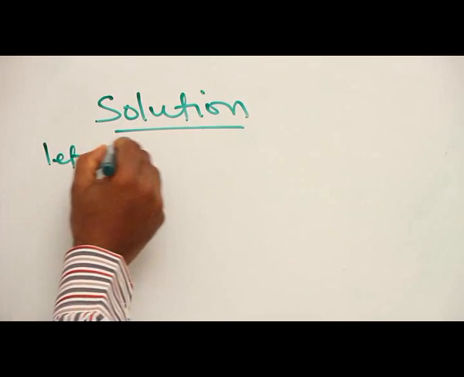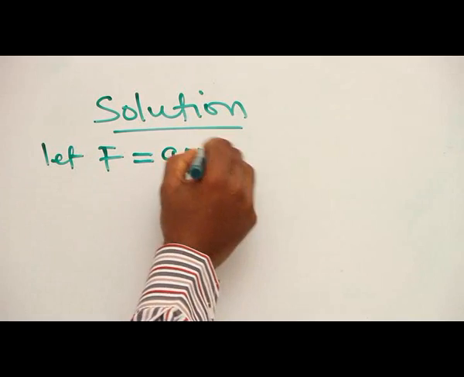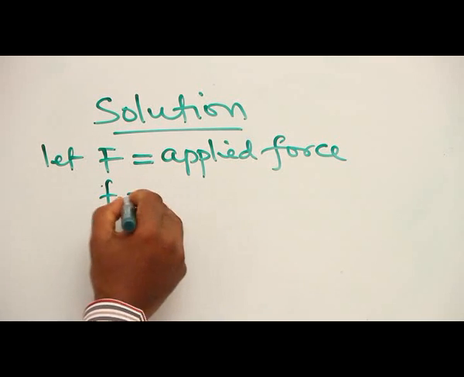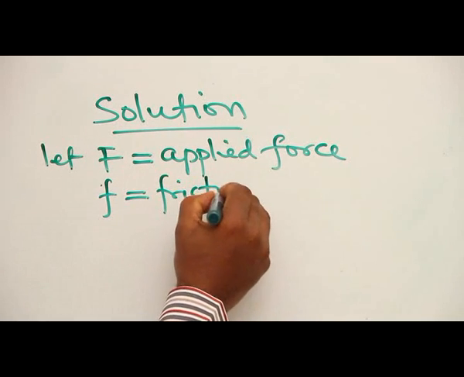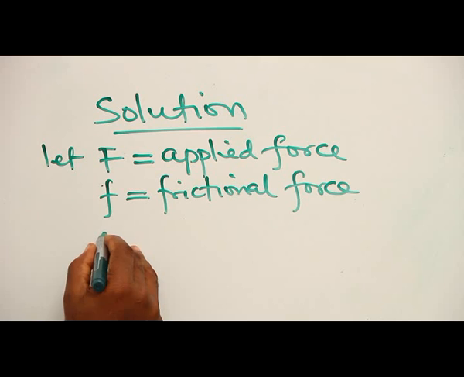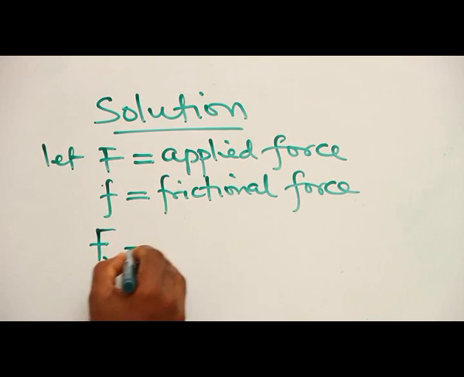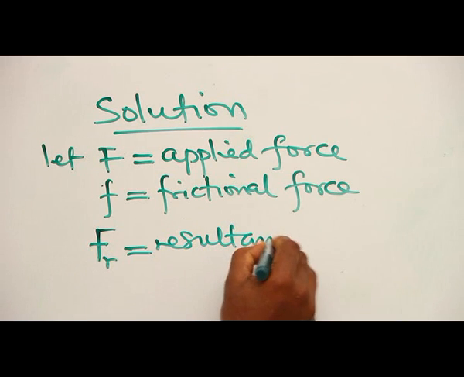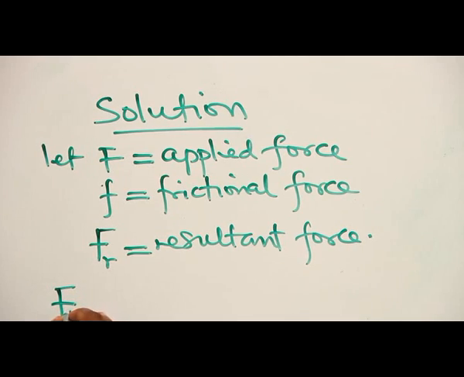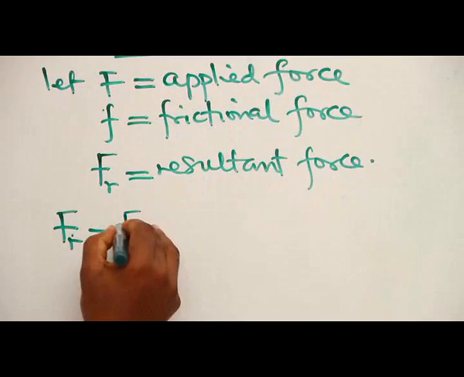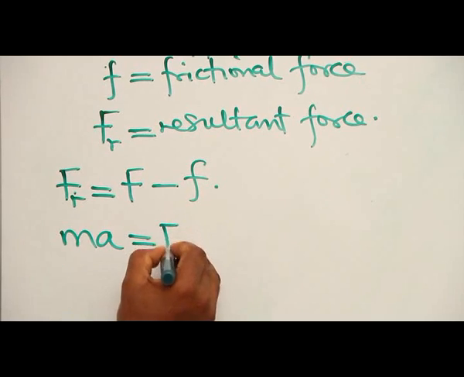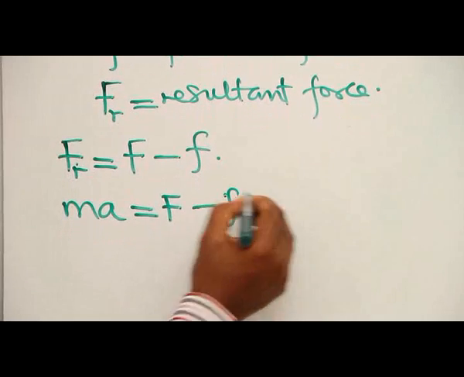Let F represent the applied force to the car. Small f represents the frictional force, and F subscript R represents the resultant force on the car. The resultant force is the difference between the applied force and the frictional force. So ma is equal to applied force minus f.